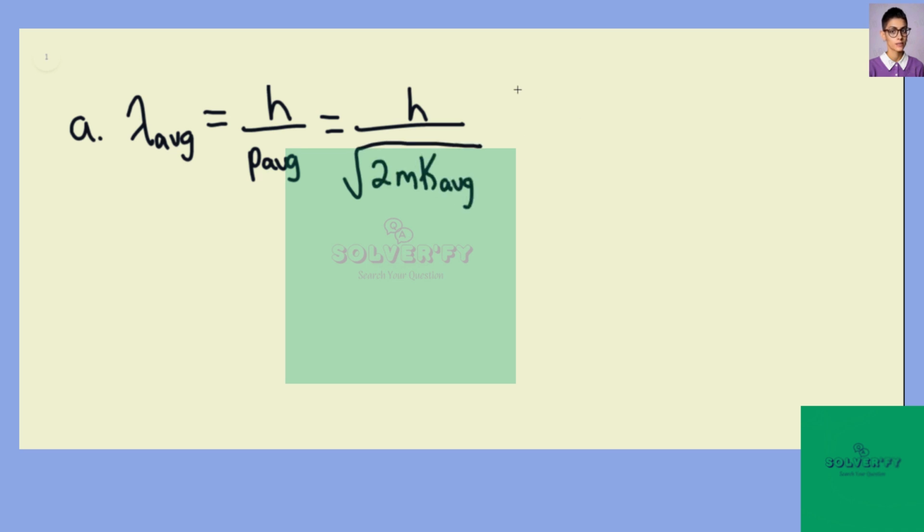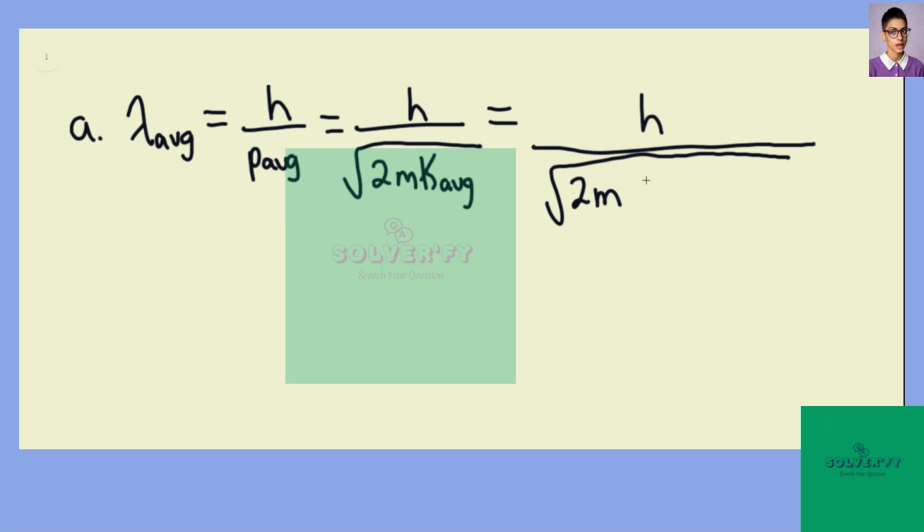And this would be equal to h divided by the square root of 2 times the mass times 3 times Boltzmann's constant times the temperature over 2.